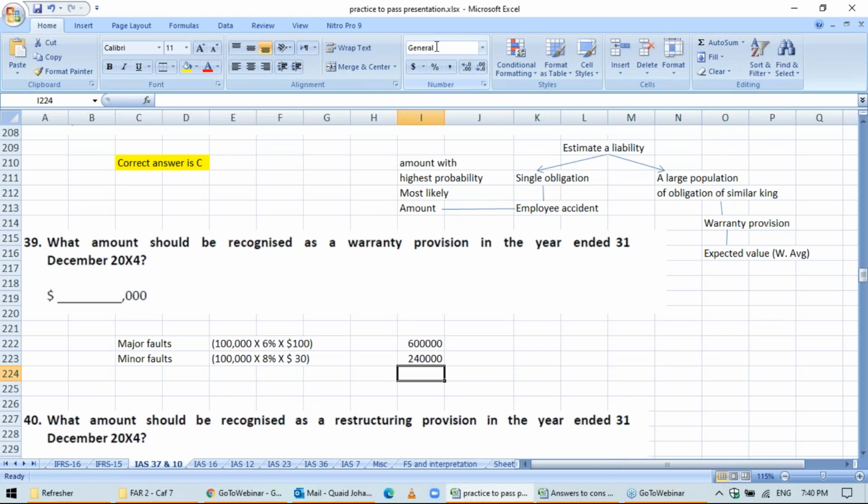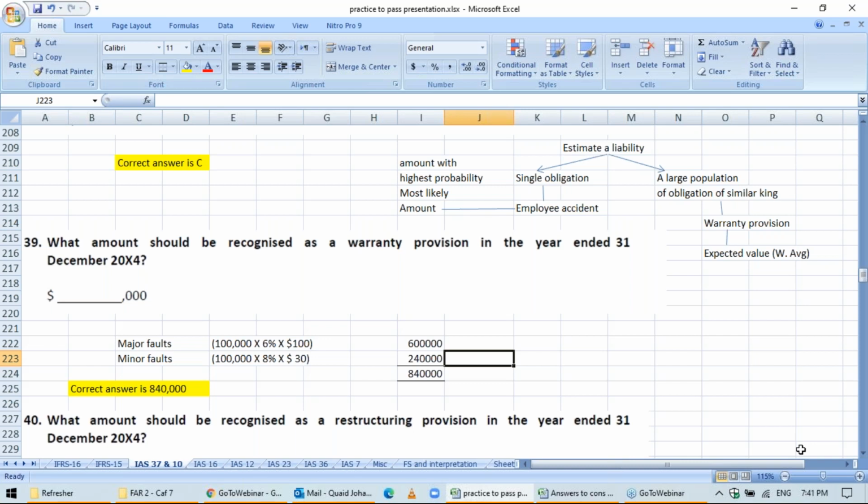So the average cost is the sum of these two, 840,000. The correct answer is $840,000. Okay, let's move on to the next question.